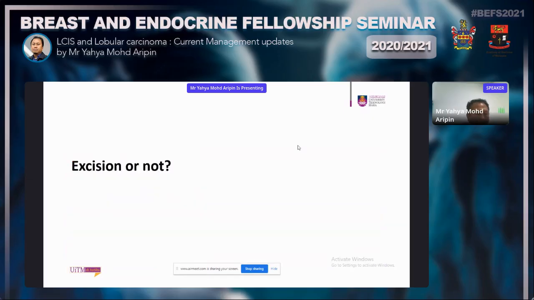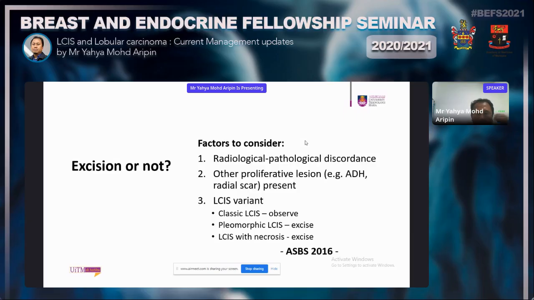As a surgeon, when we have this HPE report come back as LCIS, what are you going to do? Whether you need to excise or you just leave it and follow up the patient. There are a few factors to consider.